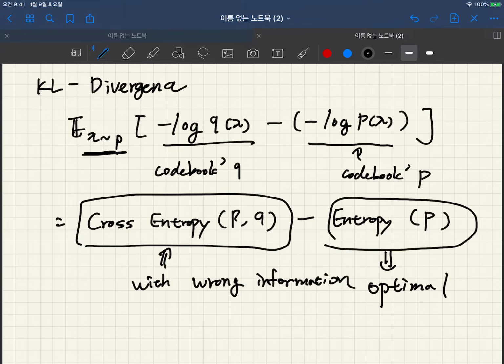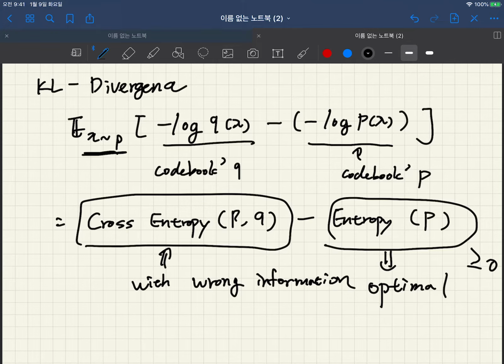Essentially, cross entropy is always bigger than the entropy. So KL divergence is always bigger than or equal to 0. And also, if the difference between P and Q is huge, then the increase due to the wrong information will also be huge.